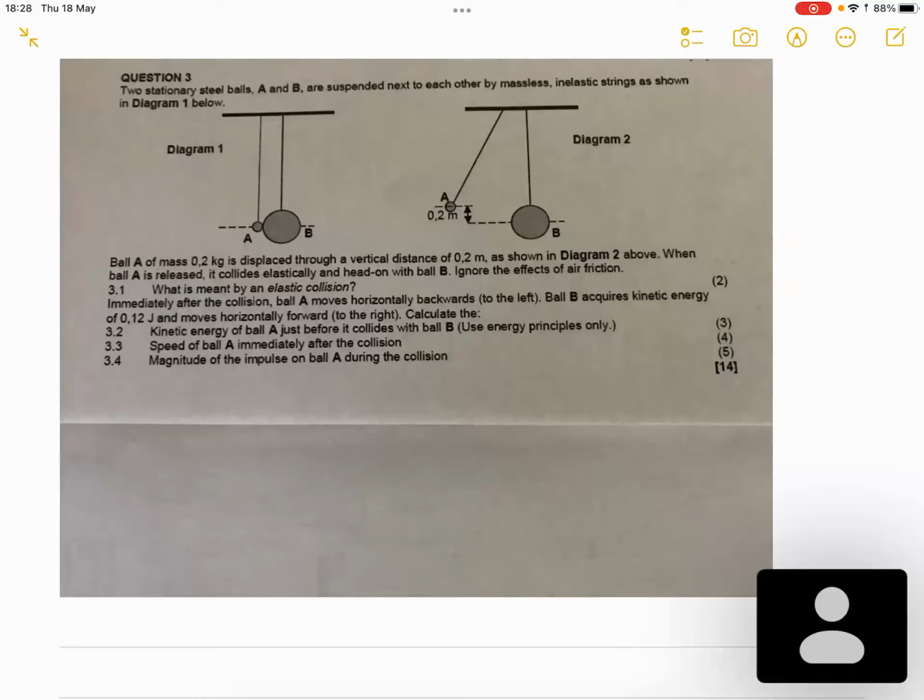Okay, so the first diagram. Ball A of mass 0.2 kilograms is displaced through a vertical distance of 0.2 meters, as shown in diagram 2 above.